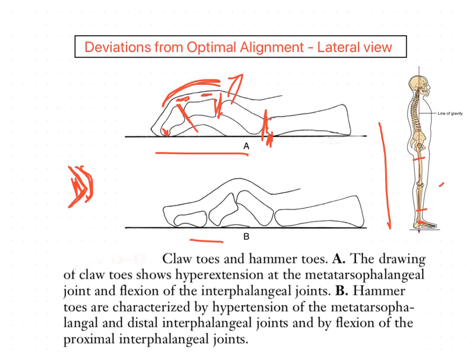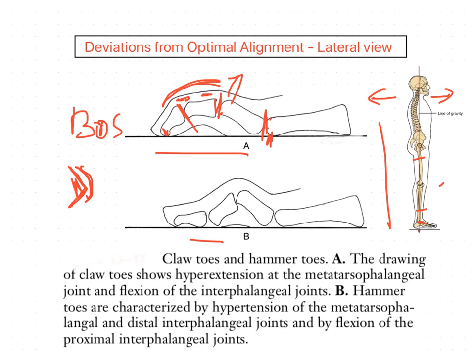This condition reduces the area of the base of support. As a result, what is going to happen? There is an increase of postural sway. Postural sway is going to increase in this condition, and it causes a decrease in stability during the standing position.